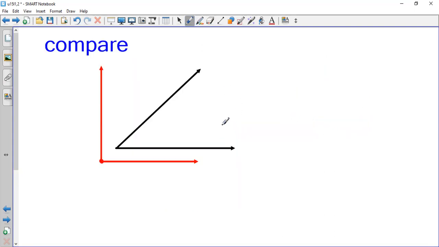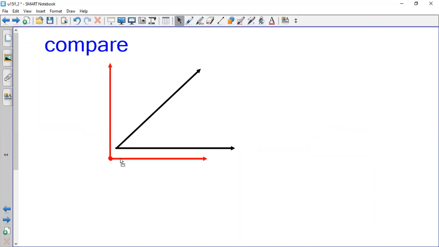Let's compare this angle with our right angle here. When I compare two angles, I should put the vertex, or the point, exactly on the other vertex, and I should put one side exactly on a side of the angle that I'm comparing.